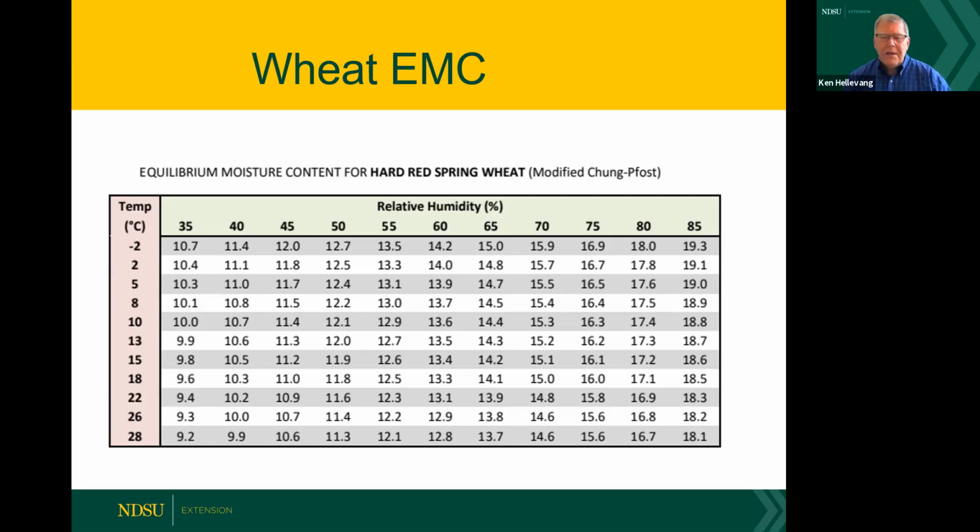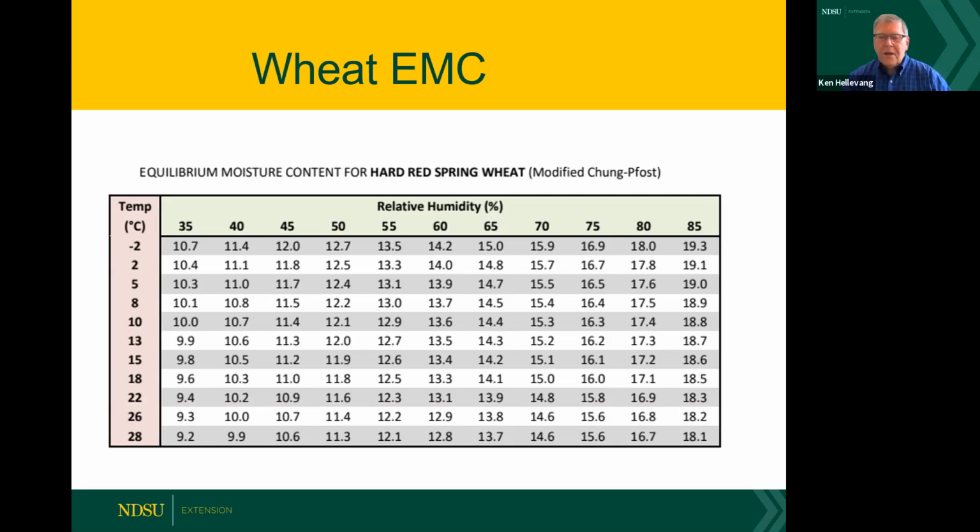And we will see a little difference between the different types of cereal grains, but they will be relatively similar. If we get into the oil crops, soybeans, or sunflower seeds or canola, those will be typically at a lower moisture content.